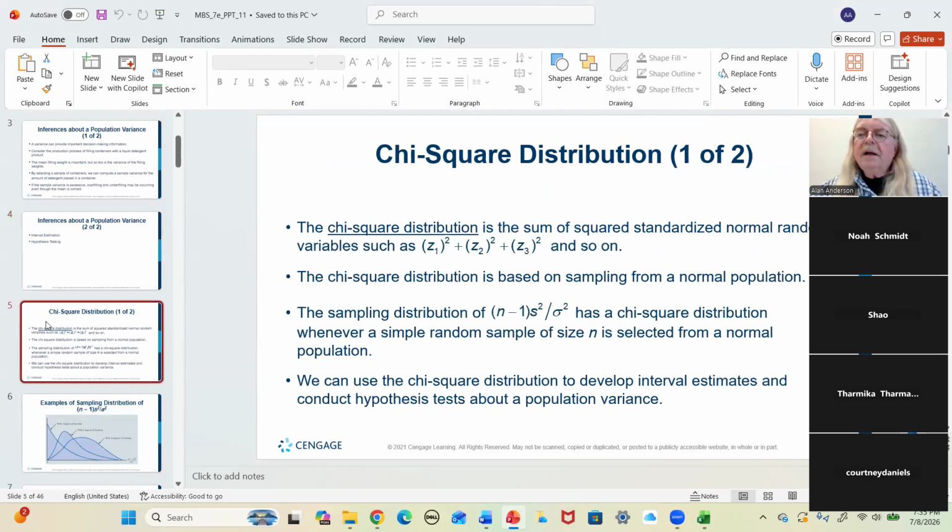So we're going to start by introducing our new favorite distribution, and it's called chi-squared. So chi is actually a Greek letter. Let me show you what it looks like.